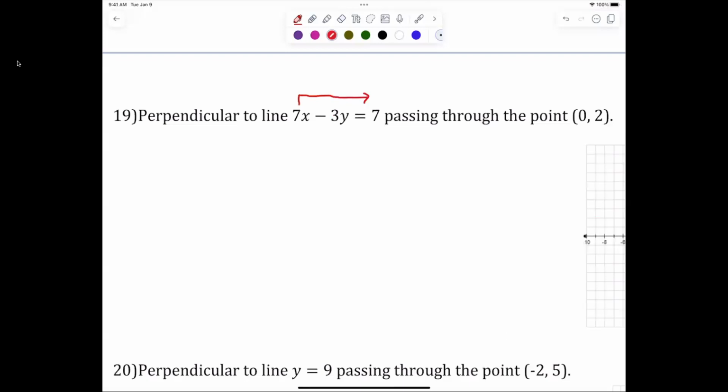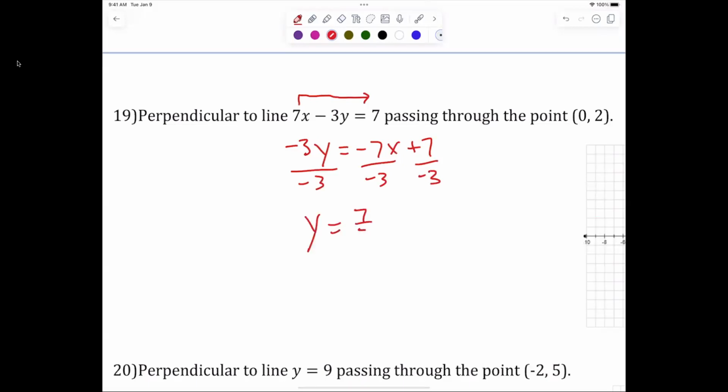When I move the 7x, it becomes what? -7x. Now what do I have to do? Not yet. Divide by -3. Now I'm going to go ahead and divide by -3 just because some of you are good visuals. So y equals 7/3 x minus 7/3.